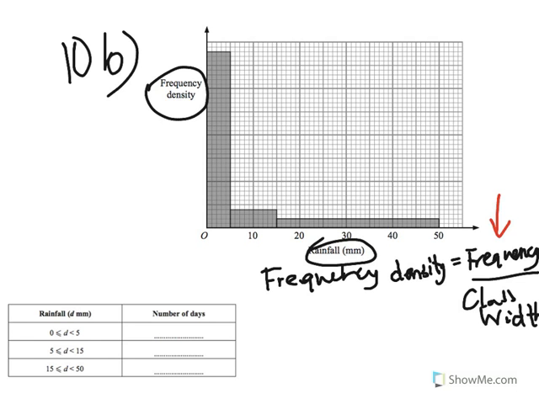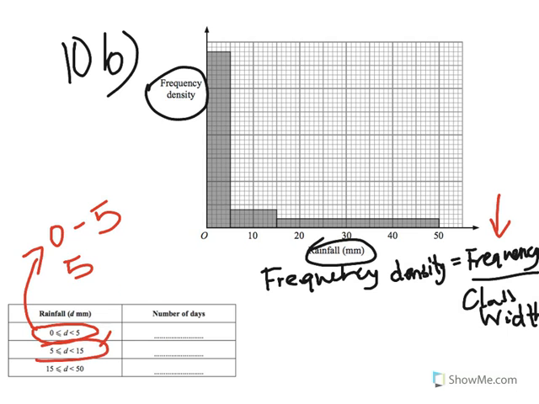Frequency density is equal to frequency over class width. Now frequency is nothing but the number of days in this case, because let's say rainfall occurs 23 days, so 23 is the frequency. And class width is nothing but the range of values. So for example, in the previous question, looking at this table, the range of values here is from 0 to 5, so the class width is 5.